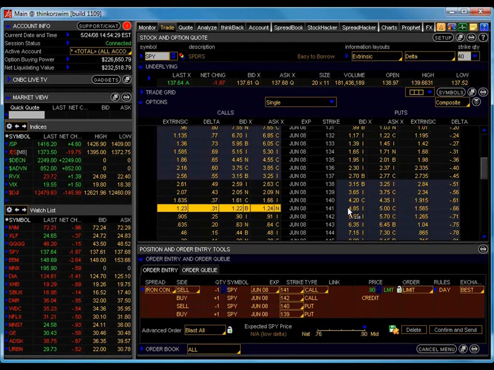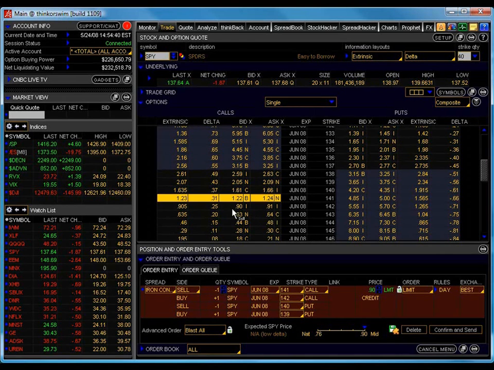We're going to be selling the 141 and buying the 142. Why? Well, let's take a look at the deltas for a second. Actually, I'd rather sell this one with a 25 delta. So we're going to go up to the 142, and we're going to sell the 143. I'm sorry, we're going to buy the 143.